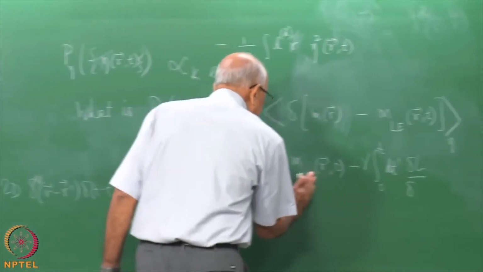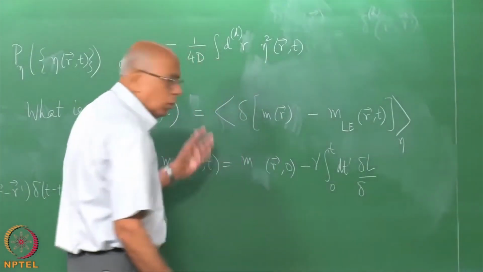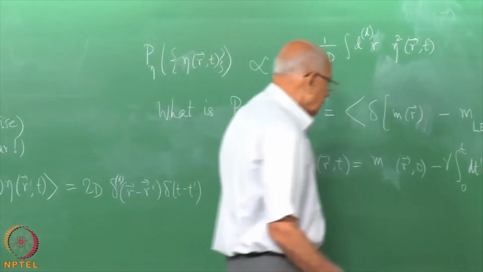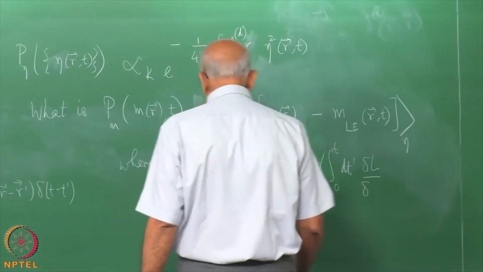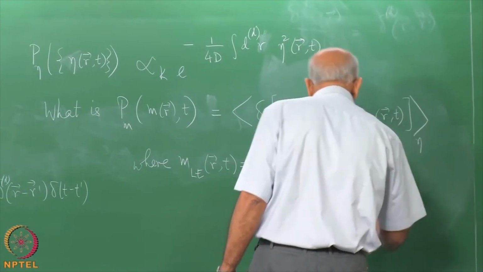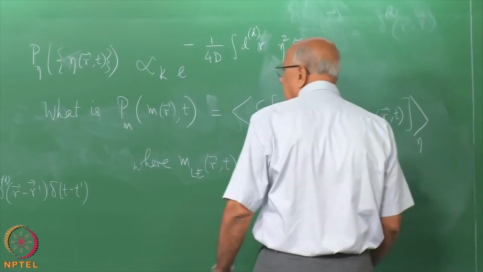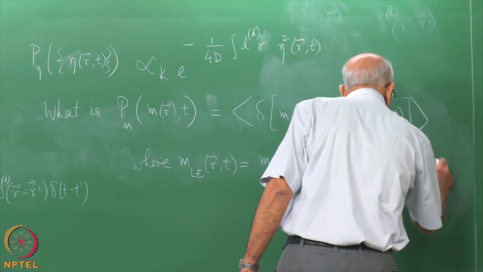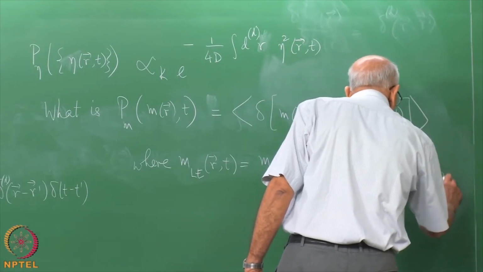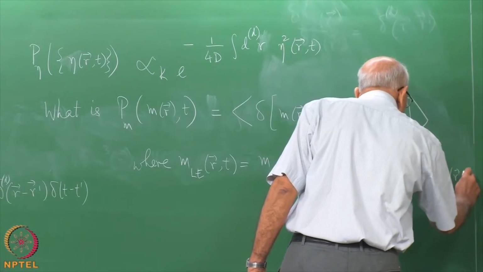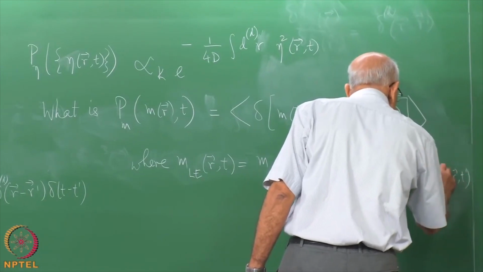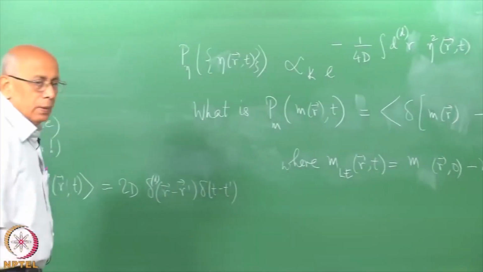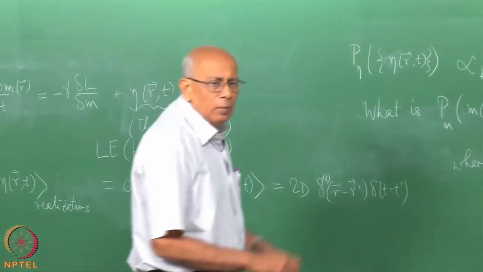This is what I give. There is no need for LE. It is whatever initial configuration you give, minus delta L over delta m. I will not write the argument here, plus integral 0 to t dt prime eta of r t prime. That is the formal solution.